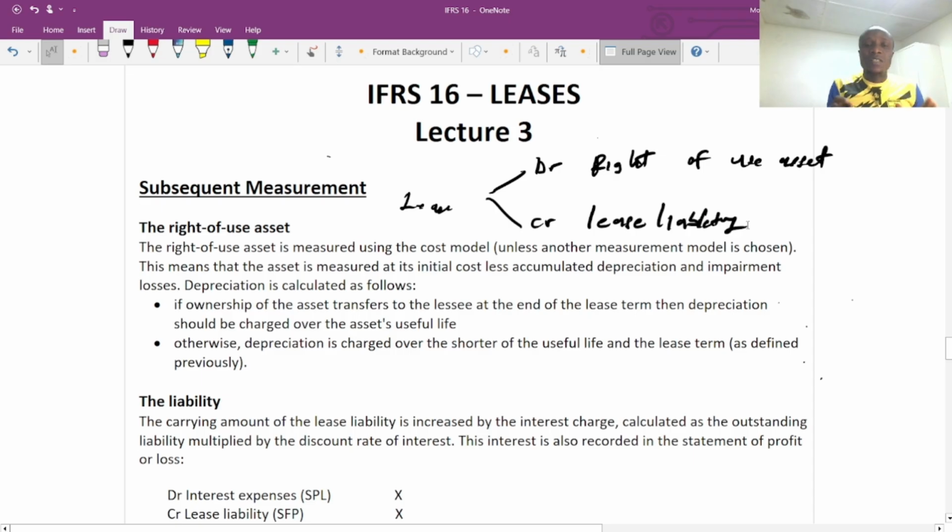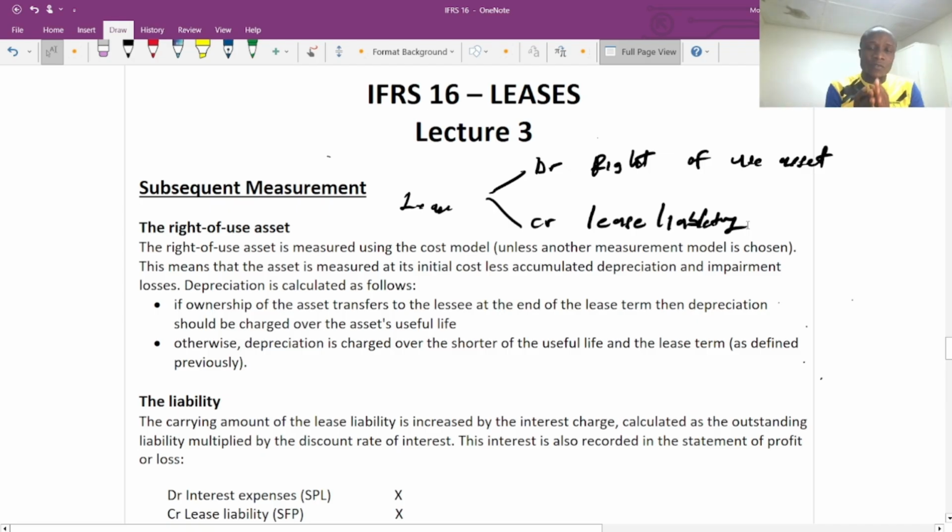So this is the accounting treatment for the lessee, right? After we have calculated the lease liability, which is the present value of the future payments, we debit the right of use asset and we credit the lease liability.